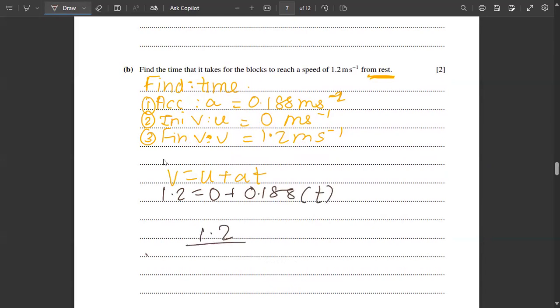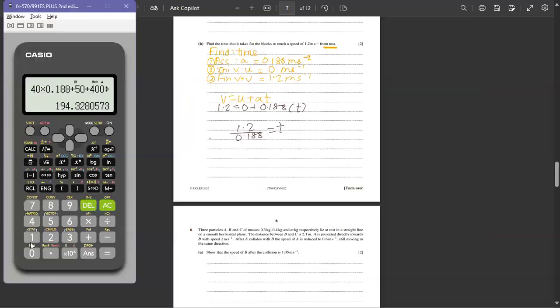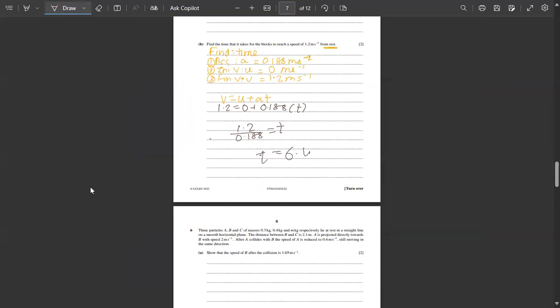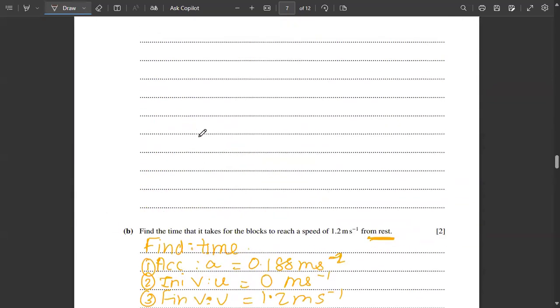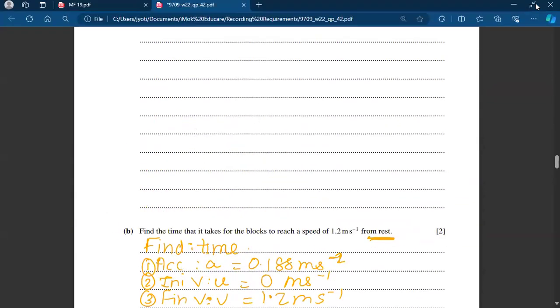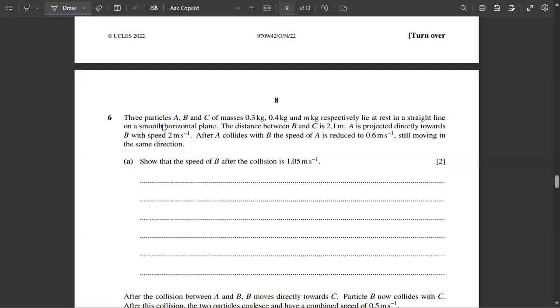Now we simply substitute: 1.2 equals 0.188 t, and we put this in the calculator, 1.2 divided by 0.188, and we'll get the answer of 6.38, which is 6.4 seconds. So that means it will take 6.4 seconds for the block to reach a speed of 1.2 meters per second from rest. Now that we have this question, let's move to the next question.